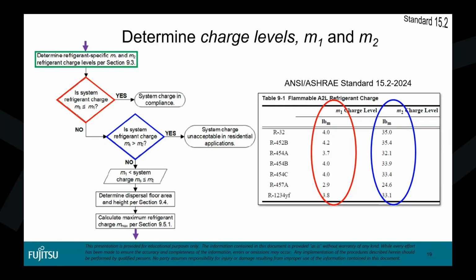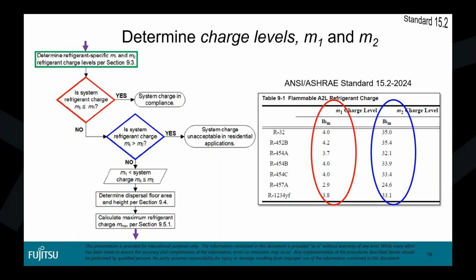I go back to my table in blue and see that's 35 for R32. 454B is 33.9. So if it's above those numbers, then we go out to the right and the charge is unacceptable. Those numbers are kind of similar, but if I have a system of 34 pounds, I can still use R32, but I cannot use 454B because the maximum there is 33.9.